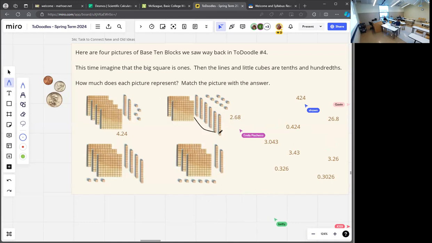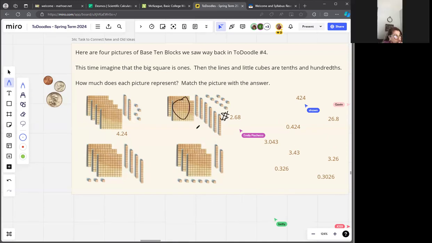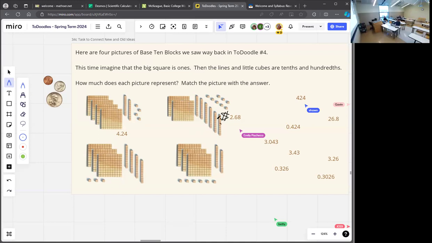Does it have 6 tenths? Yes. And 8 hundredths? It does. So again, if I was to make money out of this, then it would be $2.68. 2 dollar bills, 6 dimes, and 8 pennies.